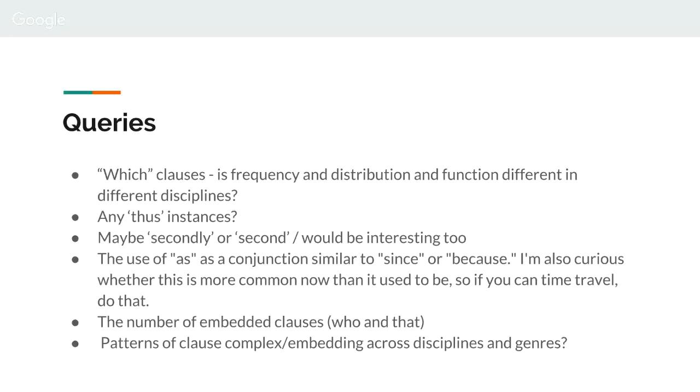But the basic question of what "as" as a conjunction looks like, that's definitely something that we'll be able to answer today. The number of embedded clauses, specifically who and that, and then patterns of clause complex and embedding across disciplines and genres.